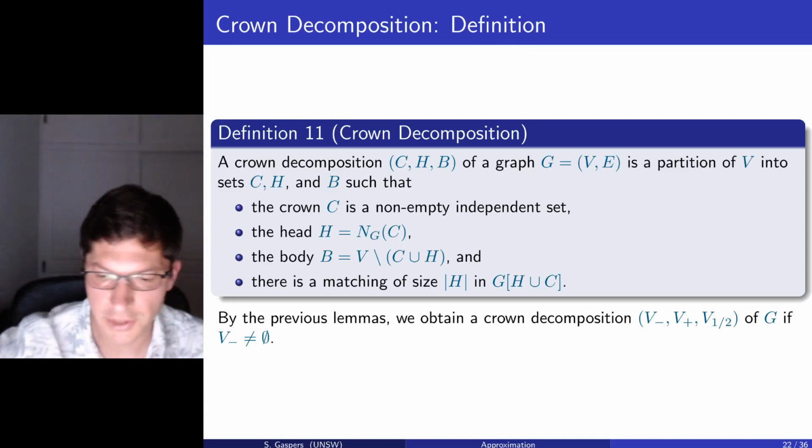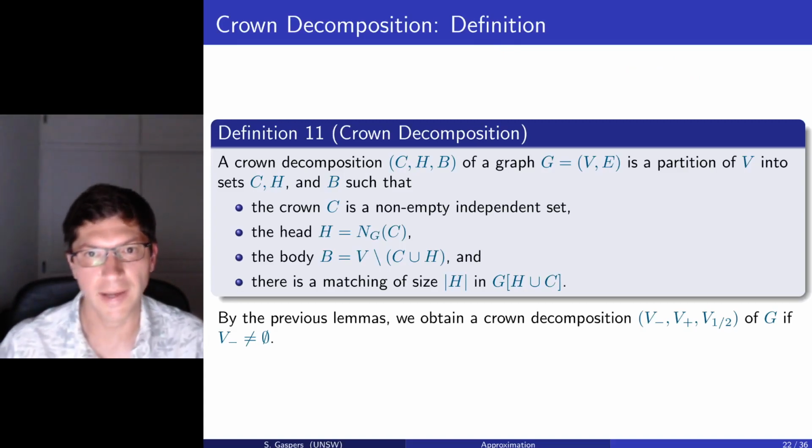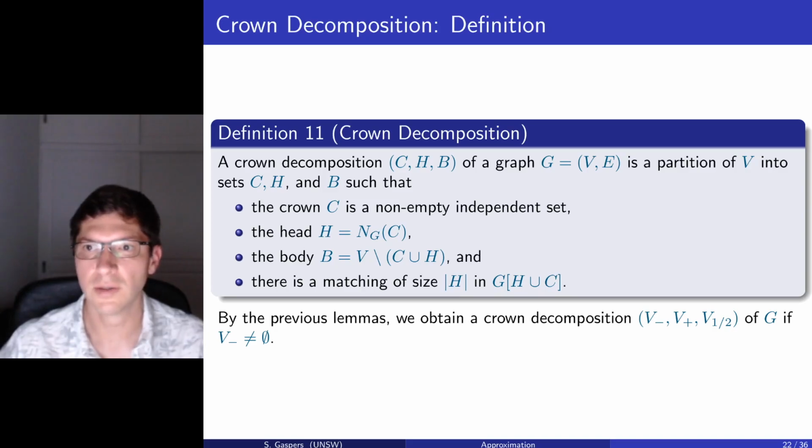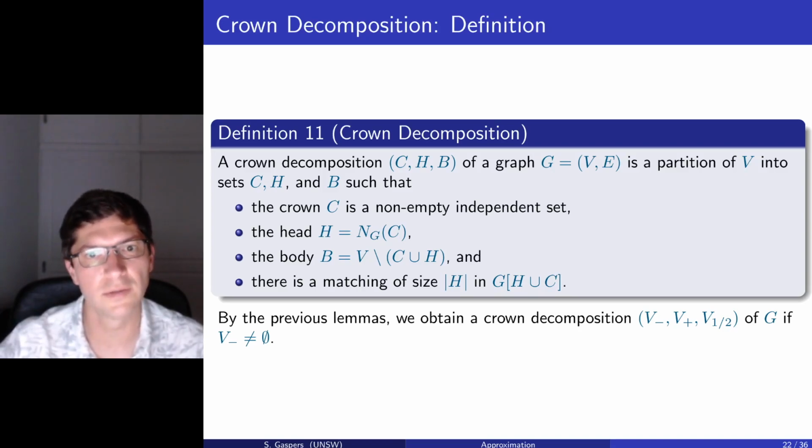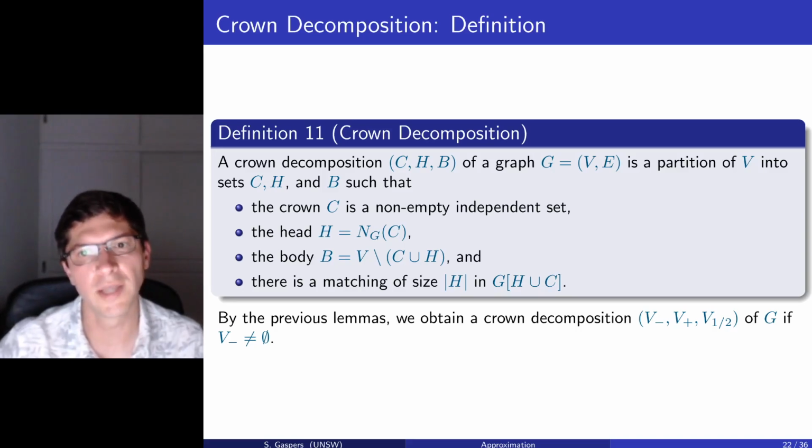Let me check whether this is exactly what's stated here. The Quown decomposition CHB of graph G is a partition of the vertex set into sets C, H, and B, such that the Quown C is a non-empty independent set.